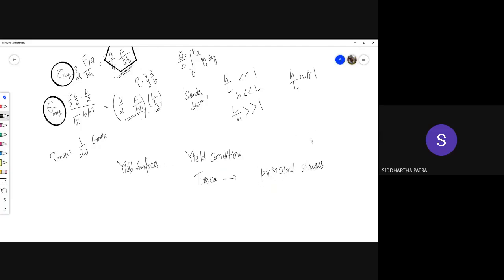So if we have certain sigma x and sigma y of course is 0, then certain tau xy, this time I'm drawing the Mohr circle.